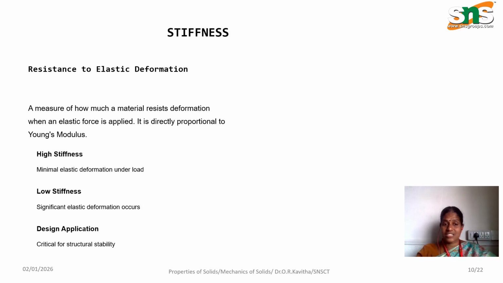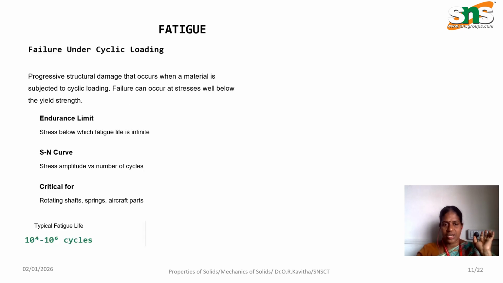And the next one is stiffness. It is a measure of how the material resists deformation when an external or elastic force is applied. It is directly proportional to the Young's modulus. So when the Young's modulus changes, the stiffness will also change.